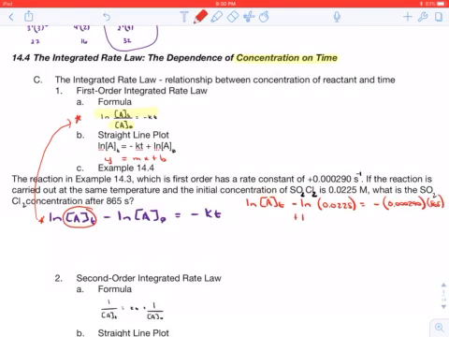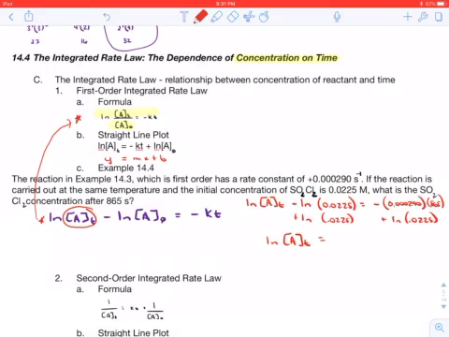To save ourselves some time, I'm going to move the natural log of 0.0225 to the other side. That way I can plug it all into my calculator at one time, and that will leave me with the natural log of A sub t equal to all that fun stuff.